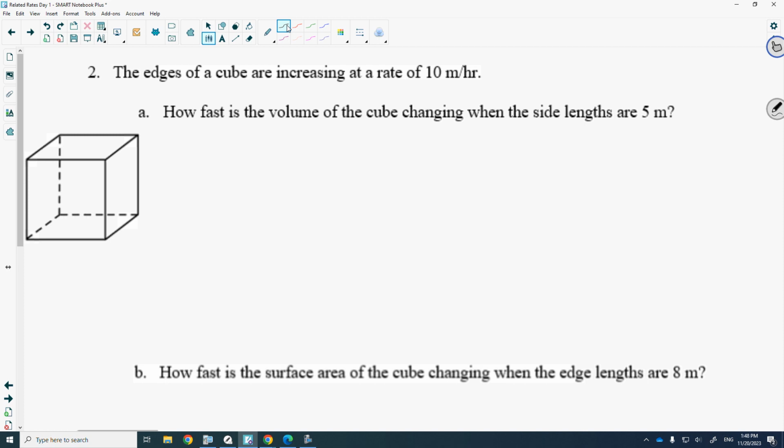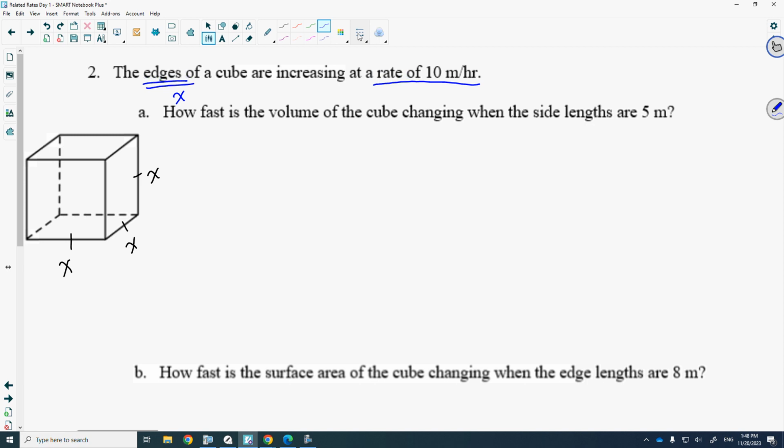So because they're all the same, let's call them x, x, and x. So the edges of my cube are x. They're increasing. This cube is getting bigger, and they're increasing at a rate of 10 meters per hour. So this cube is like blowing up 10 meters per hour.